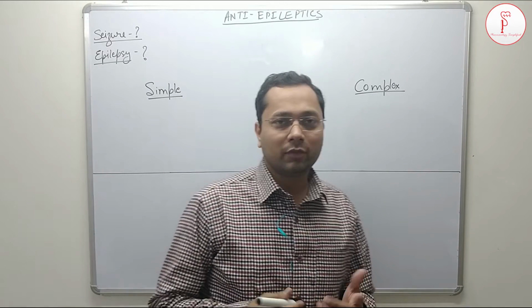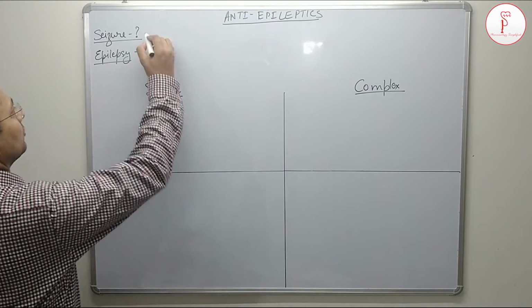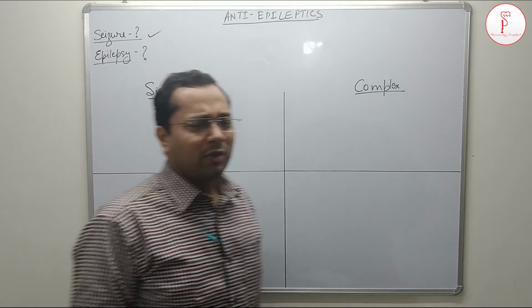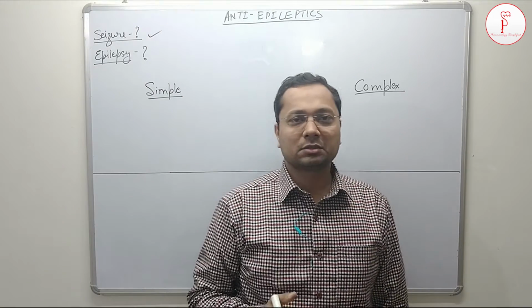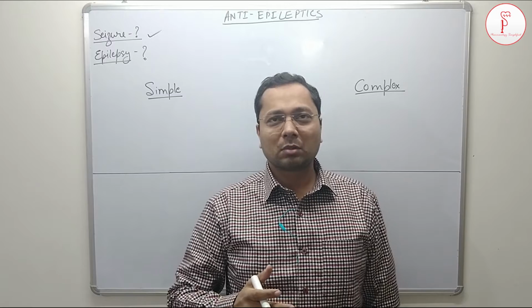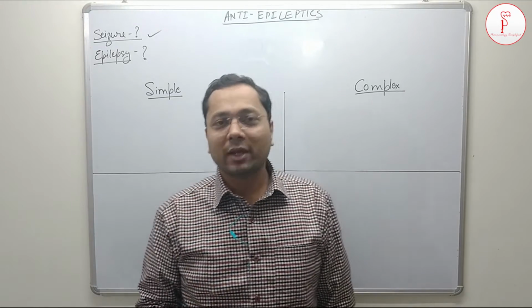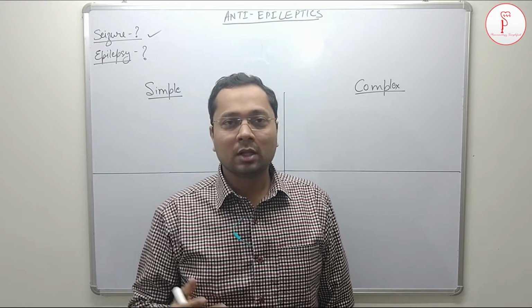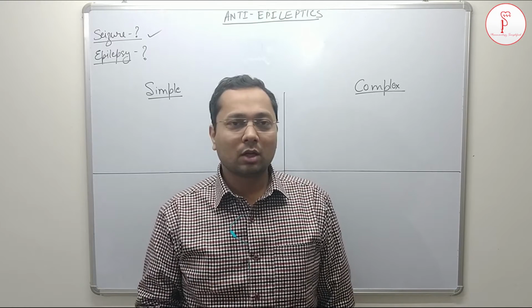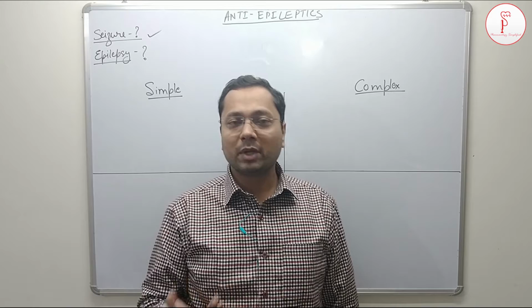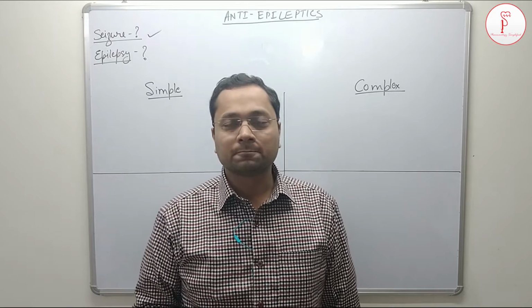But before that, we have to answer one question: what are seizures? Seizures are a sudden alteration in behavior due to unsynchronized and rapid firing of the neurons in a particular area of the brain that may involve only one hemisphere, or both hemispheres of the brain.